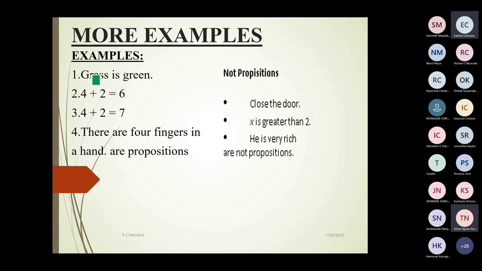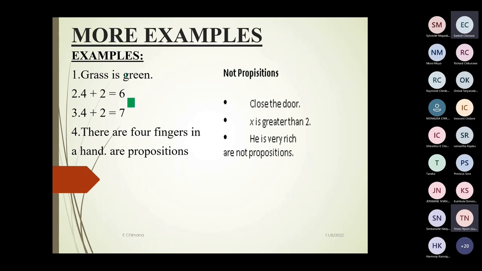So it has a truth value of true or false. It cannot be both. The grass cannot be green and blue at the same time, or green and red at the same time. If it is green, is it green? Yes. If it is not, it's false. So this one is a simple statement.